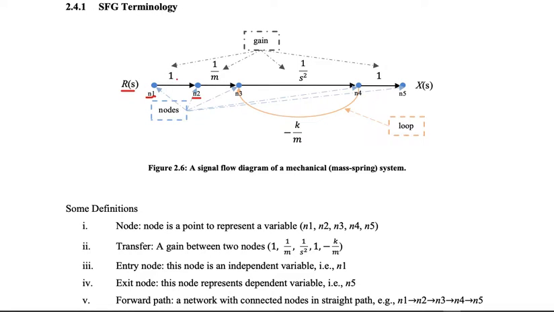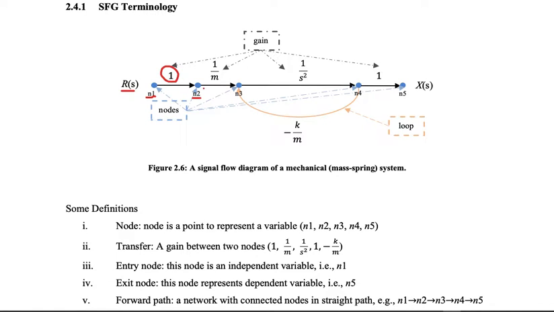Why? Because there is no change from node 1 to node 2, and these changes can be illustrated by the gain that the transfer injects into the node. For example, RS from N1 goes into a transfer of 1, and thus at N2 it still carries the same signal RS.